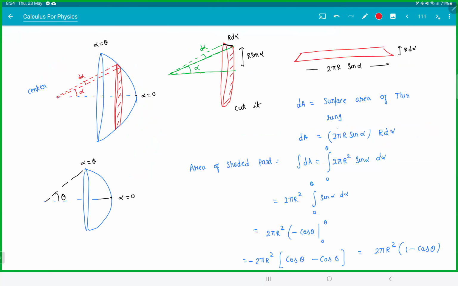Please look at the integration and the elements. Anyone not clear with any particular step, please ask. Clear?